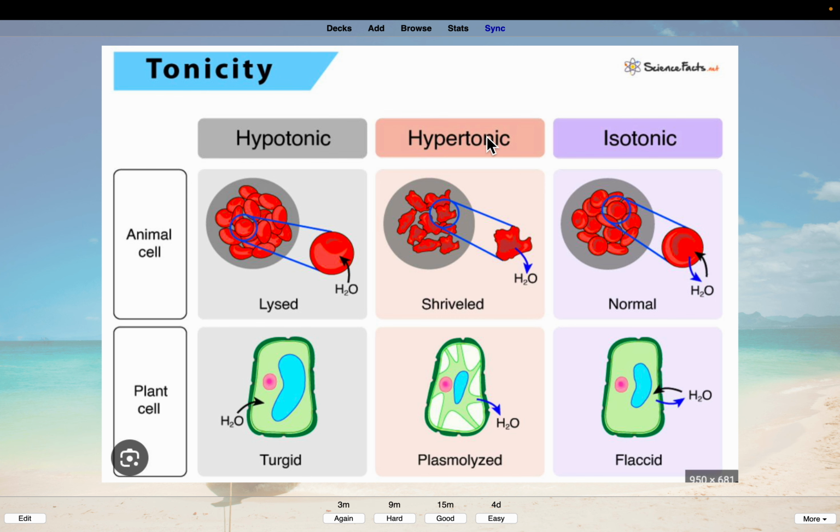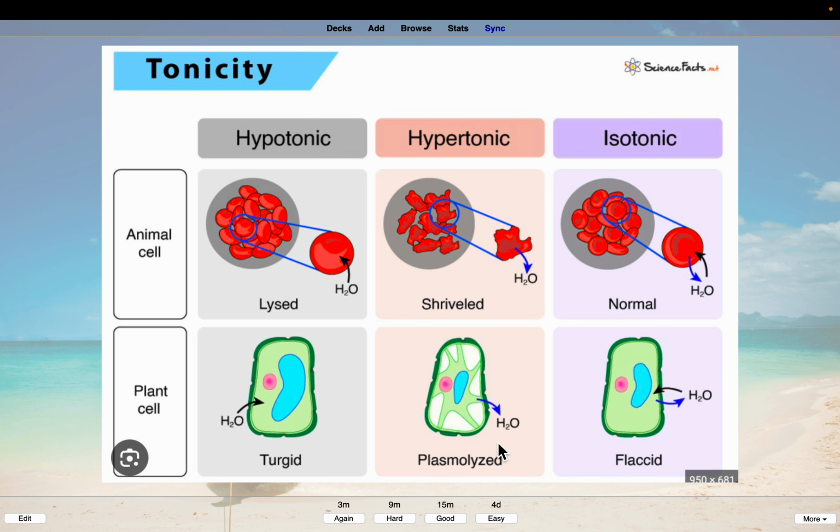Okay, hypertonic environment. This is the other extreme. This time there's too much solute and too little water. So the tendency for an animal cell is it gets shriveled. For a plant cell, the plant cell isn't exactly dead if there's not much water outside, but it becomes plasmolyzed.